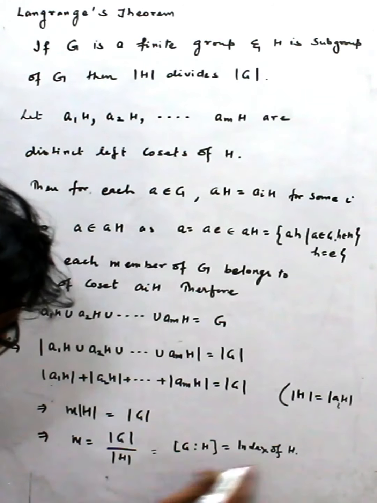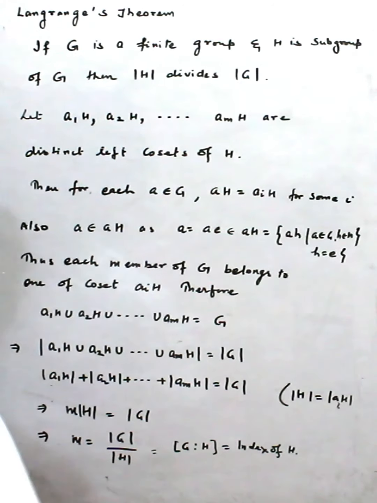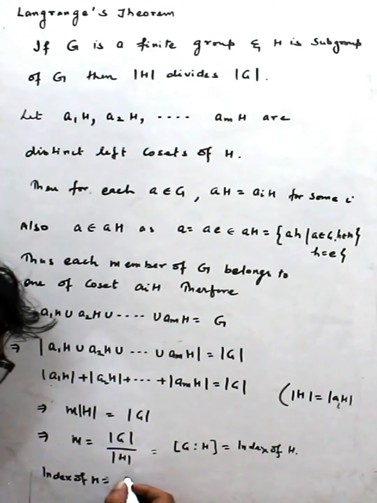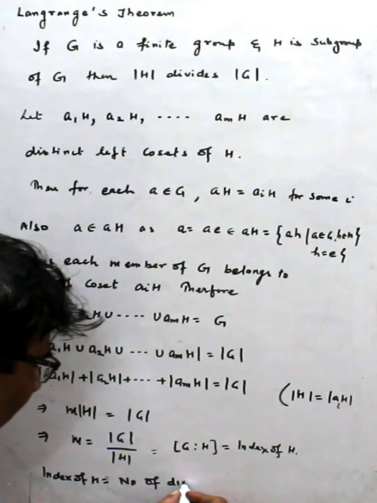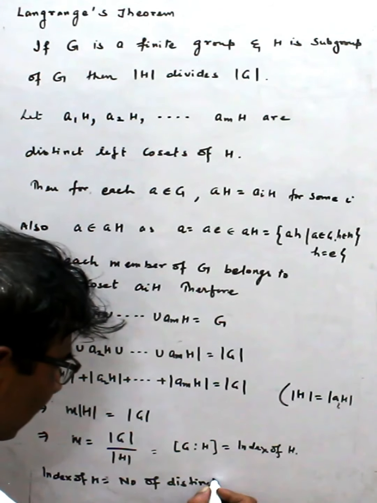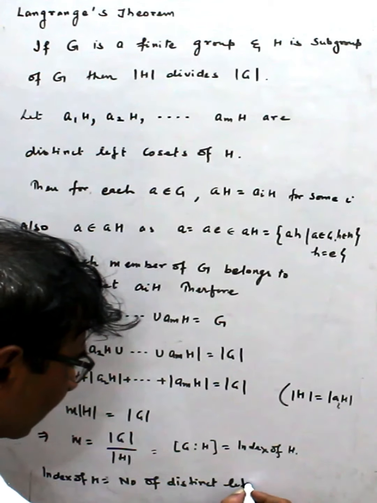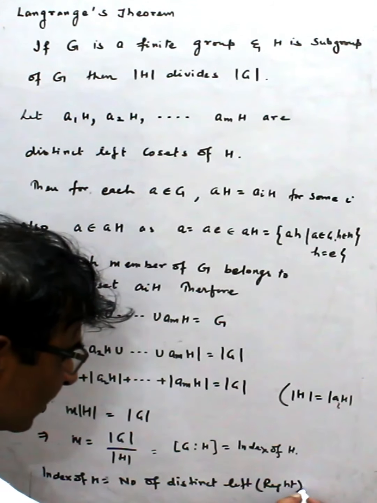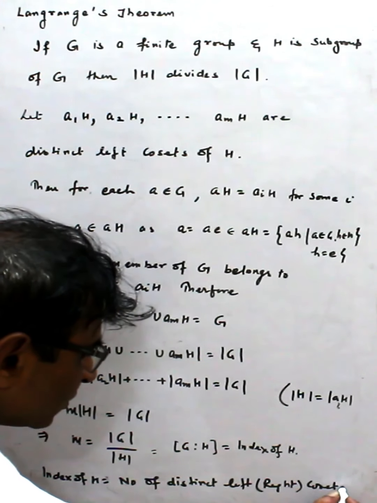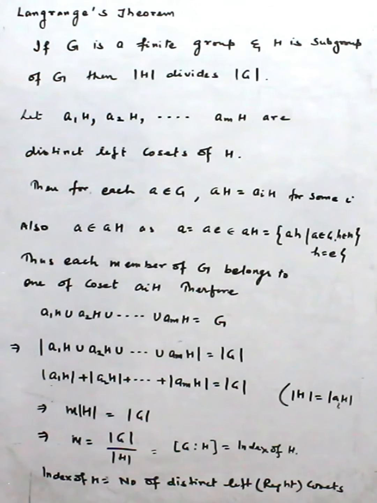So from here we can define it: the index of H means the number of distinct left or right cosets. This is the index and this index is equal to M.